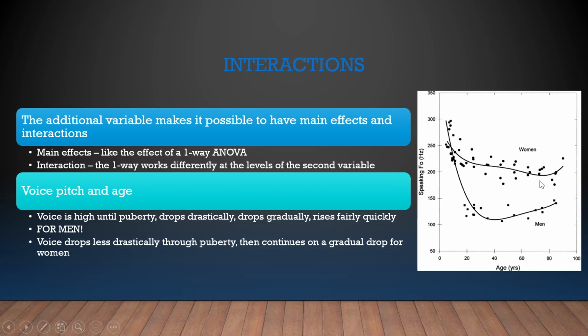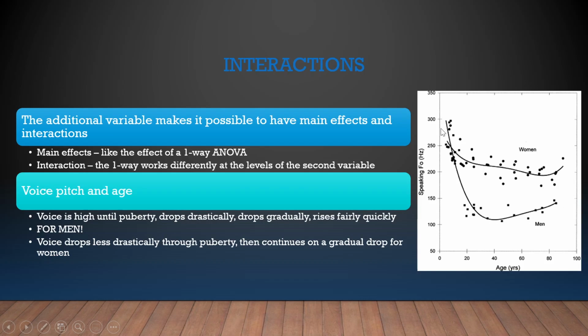Let's say you work at a call center and you have someone who is a grandparent age or older, great-grandparent, you may not be able to tell if it's male or female because the voices are beginning to converge in advanced age. And here's a graph that shows that.